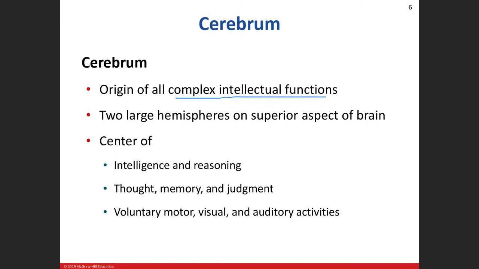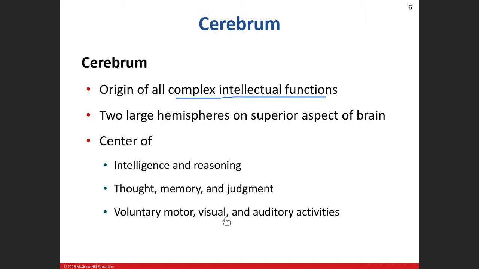Okay, so I mentioned on the first slide that there's two hemispheres, a right cerebral hemisphere and a left cerebral hemisphere. So we're going to see that more in the anterior superior portion of the cerebrum there. And you can see all these different functions that are going on: intelligence, what you're doing right now, higher order thinking, critical thinking, reasoning, thought, memory, judgment, voluntary motor, visual, and auditory activities.